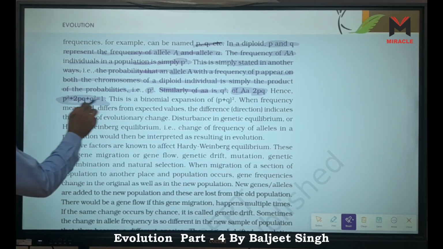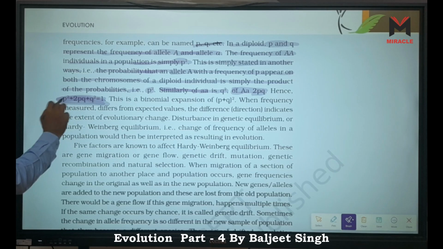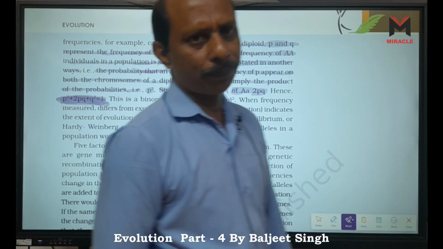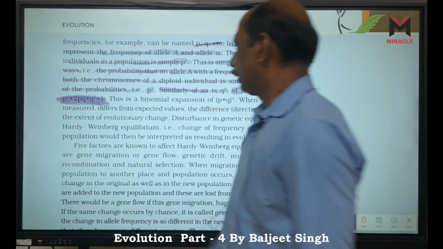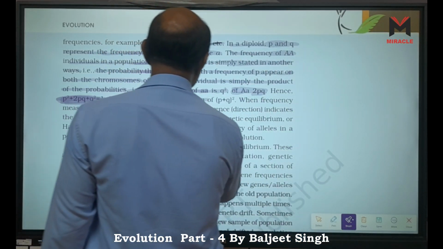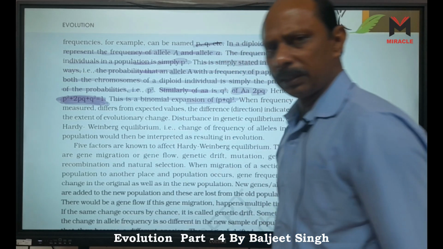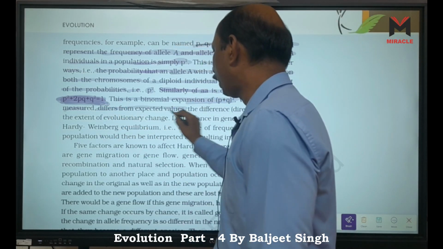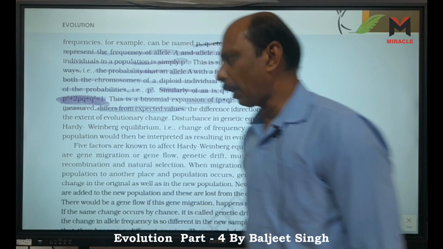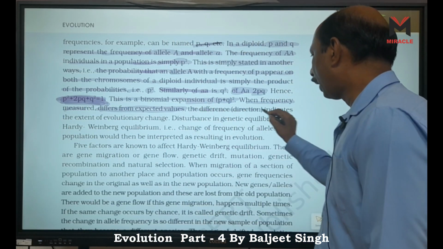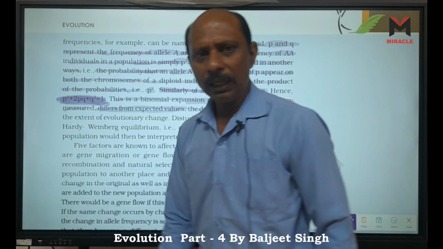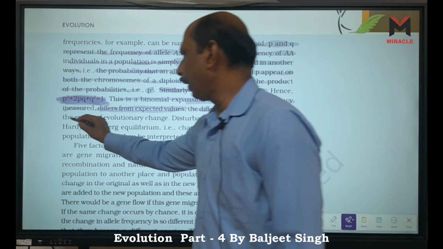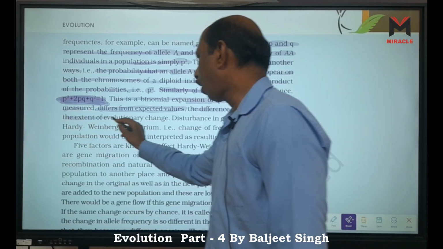That is the Hardy-Weinberg equation: P square plus 2pq plus q square is equal to 1. This is the binomial expansion of (P plus Q) square. When the frequencies measured differ from expected values, the direction of the difference indicates the extent of evolutionary change.